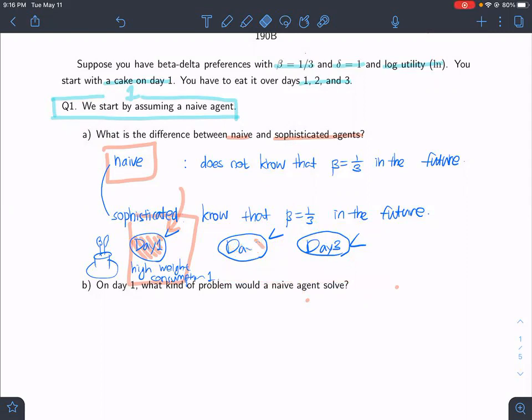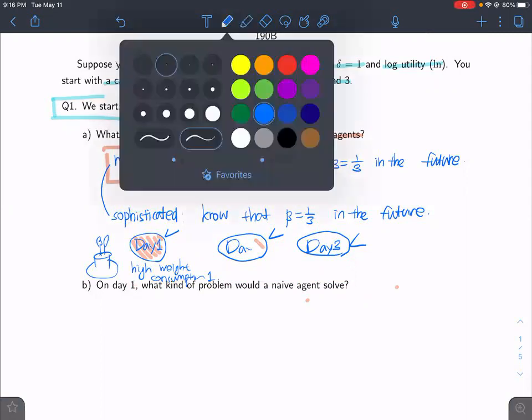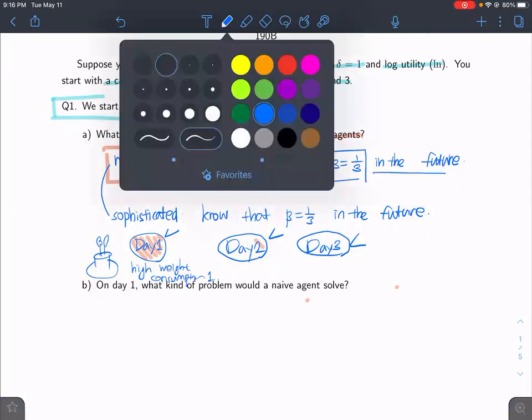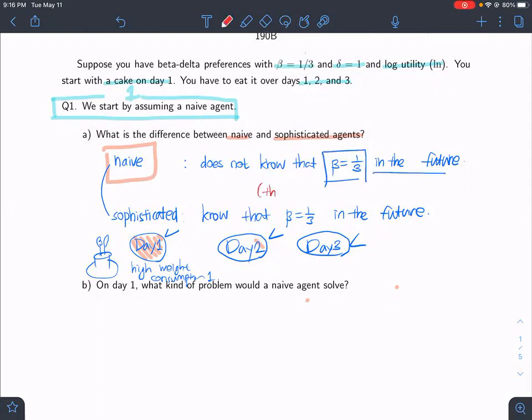So just in one sentence, what is the difference between naive and sophisticated agents? If you are naive, then you don't know anything about the level of beta in the future. So a naive agent thinks that beta equals 1 in the future, so not present biased.